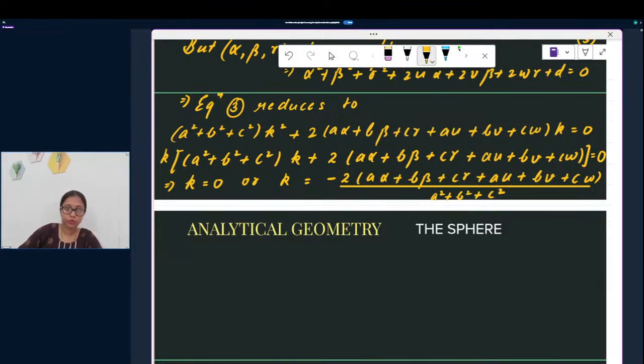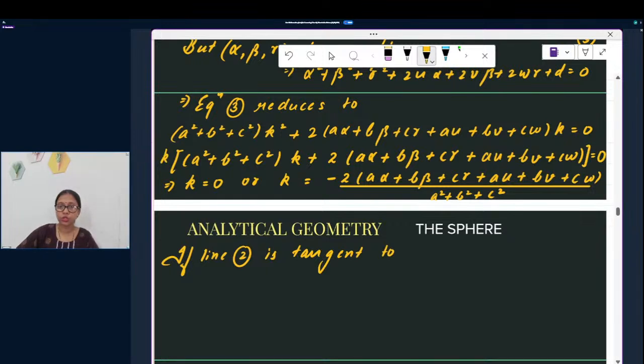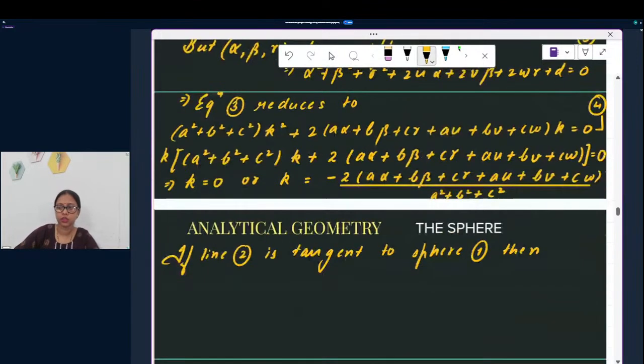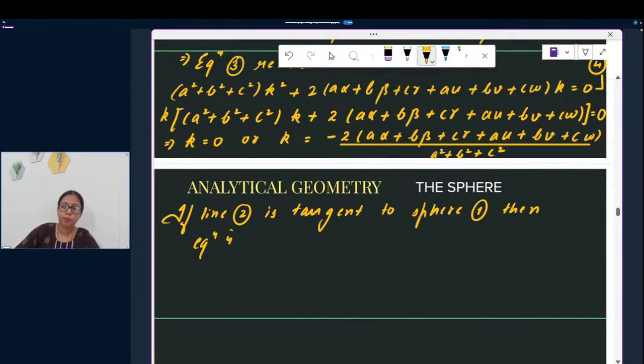If line 2 is tangent to sphere 1, then, let me take it as equation number 4, then equation 4 must have repeated roots.